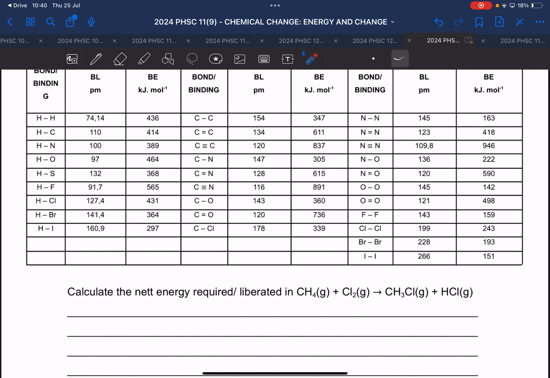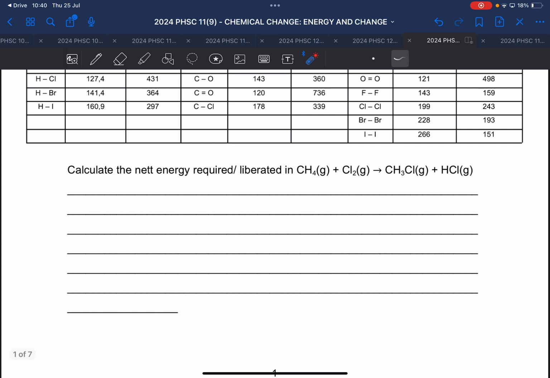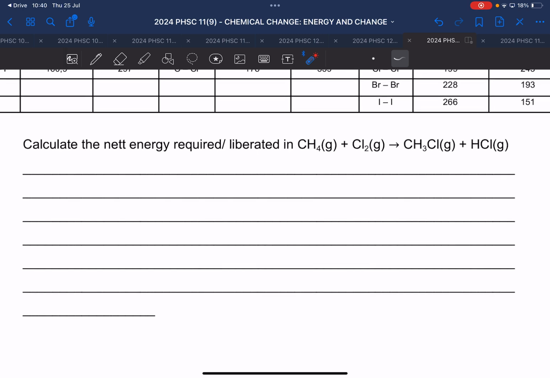Before we can do that, we must first see the type of bonds. So you are going to draw the Couper notations. You have done the Lewis structures, and I mentioned Couper notation before I left. Couper notation is just that one line.